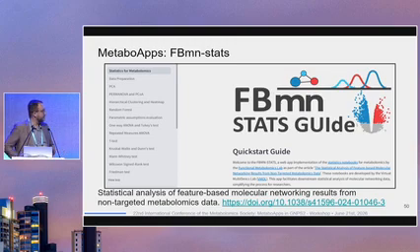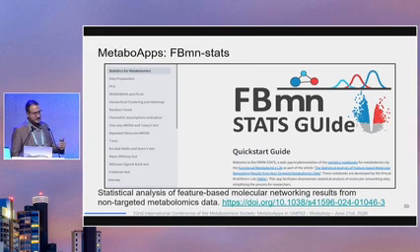So you can access the links here, and then you can actually read not only how to use the tool, which is the FBmn-stats, but also what those methods and statistical tests are doing with your data.